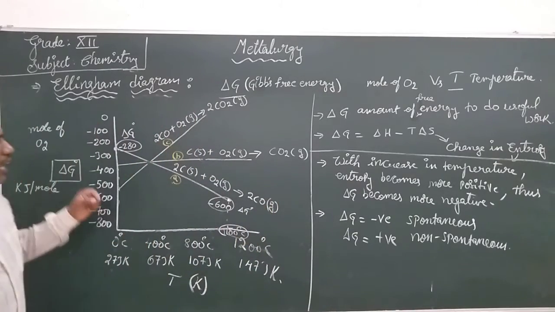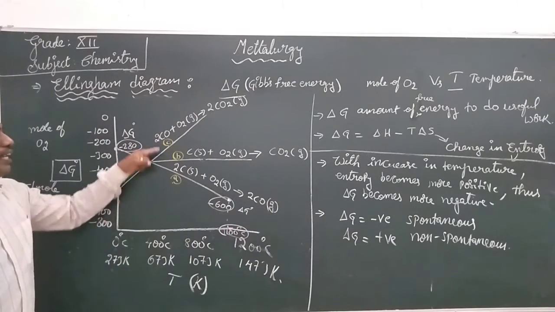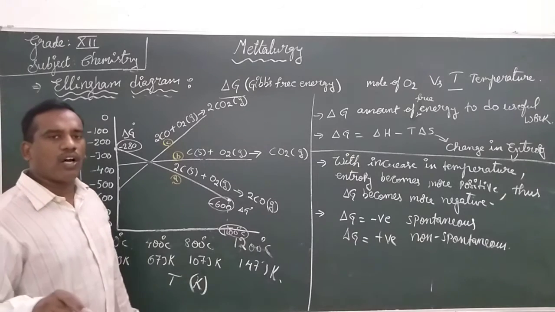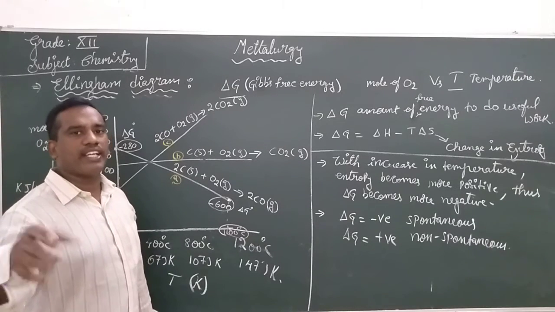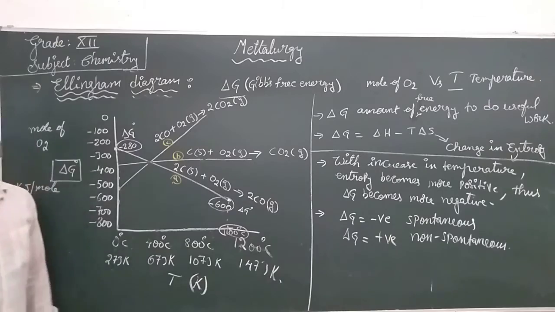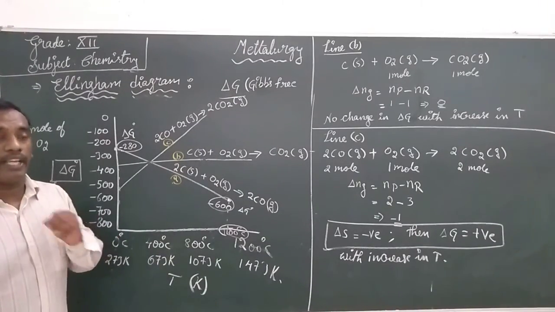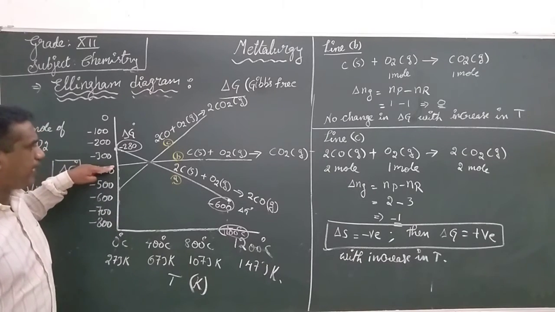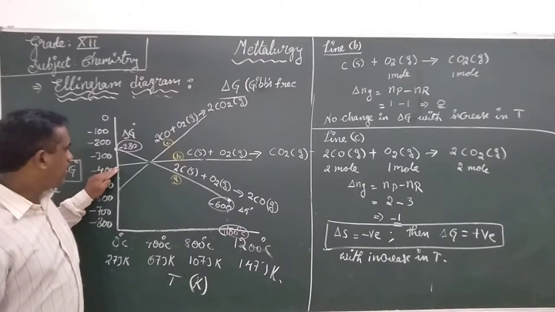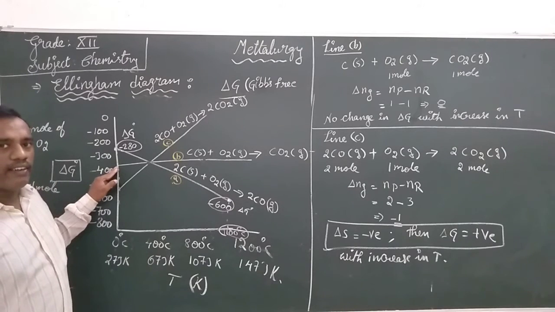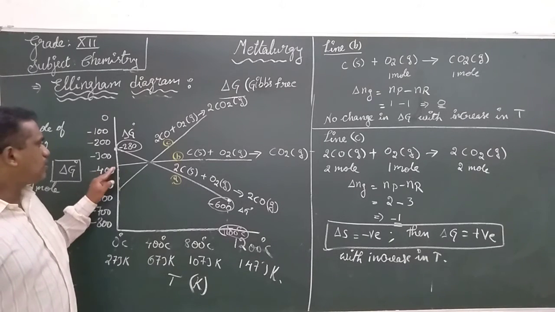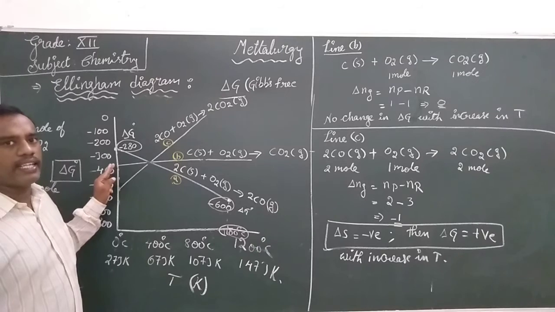Let us study the remaining 2 curves B and C, and you will observe now which is the more spontaneous reaction. Let us study line B. In the line B, here it started. Its delta G, that is negative value, is approximately minus 380.